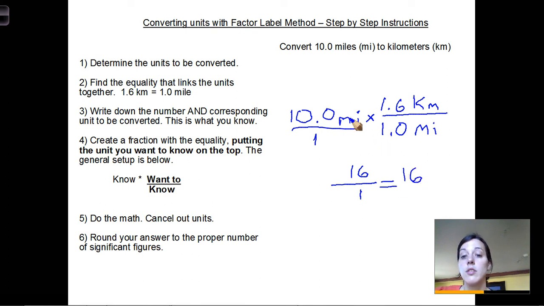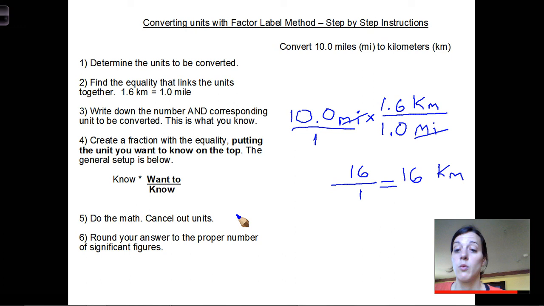As far as our units, miles times kilometers ultimately got divided by miles. So miles gets canceled out, and our units are kilometers, which is good because we wanted to convert 10 miles to kilometers. So if we ended up with anything other than kilometers, it's a good sign that you need to check your work.